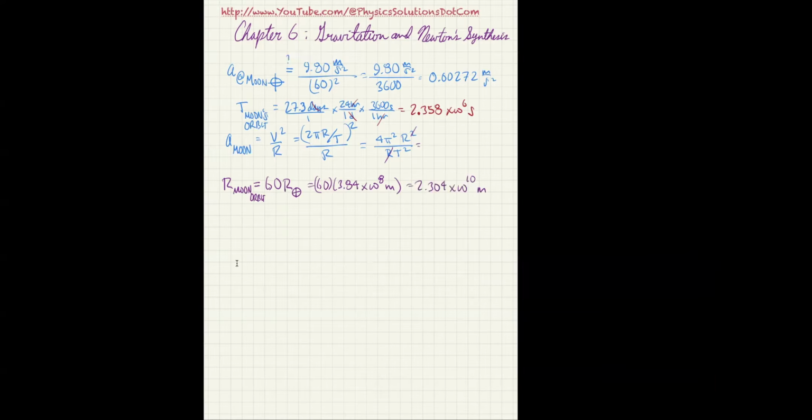So now what we have is the R that we need, and we have the T that we need, so we can put all that in. So finally, the acceleration of the moon is equal to 4 times pi squared times 2.304 times 10 to the 10th meters divided by T squared, which is 2.358 times 10 to the 6 seconds, and that has to be squared.